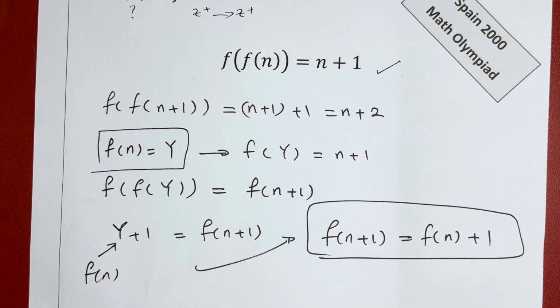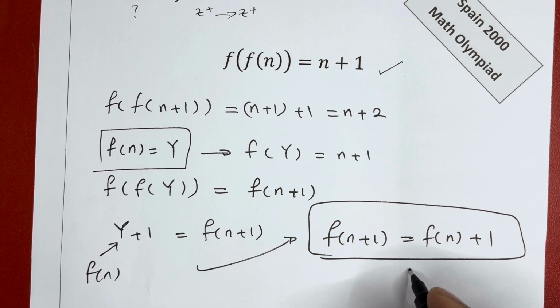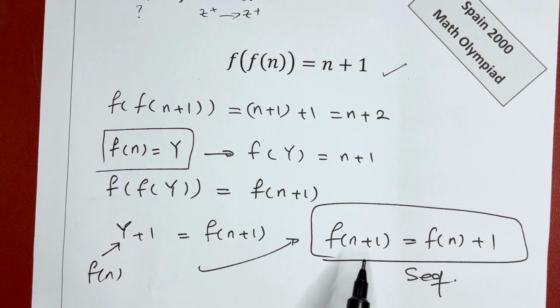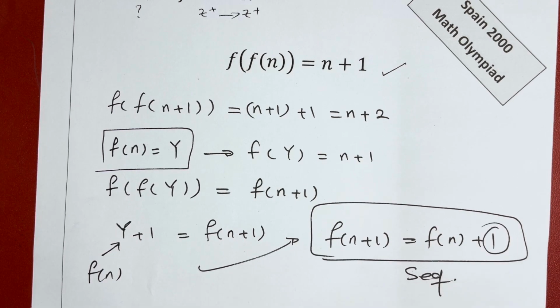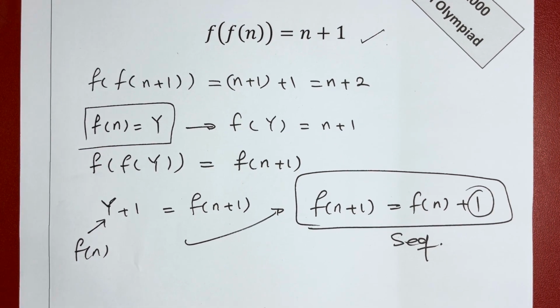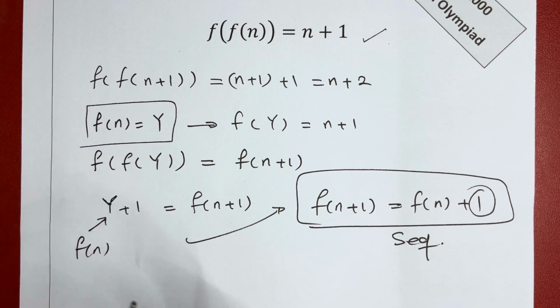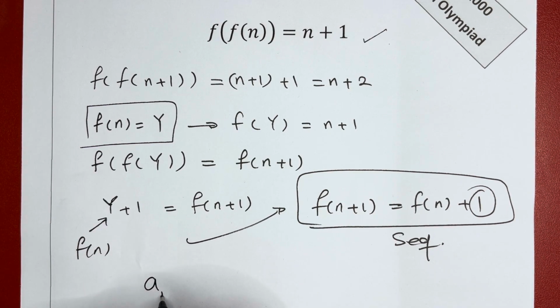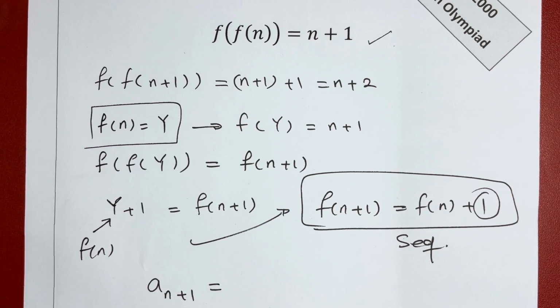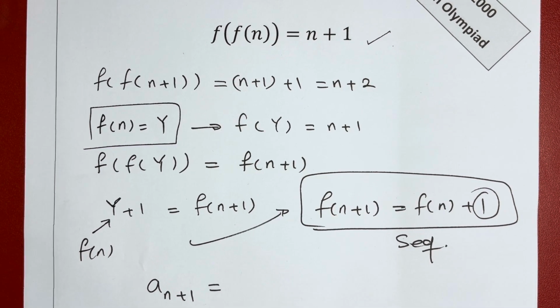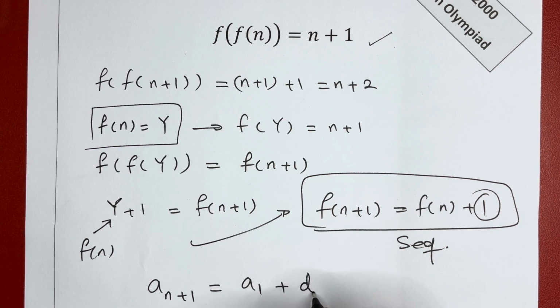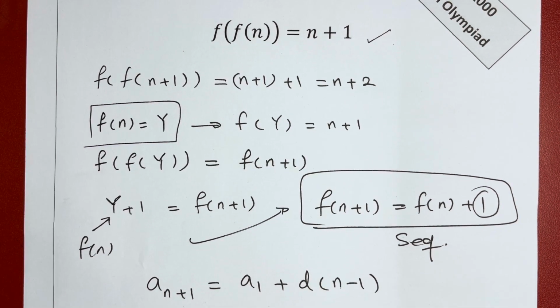That means we have an arithmetic sequence with a common difference of 1. In an arithmetic sequence, probably you know that we have something like this. For example, a n plus 1 is a1 plus d, the common difference, times n minus 1.